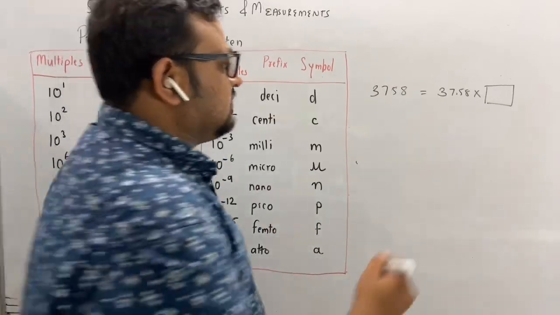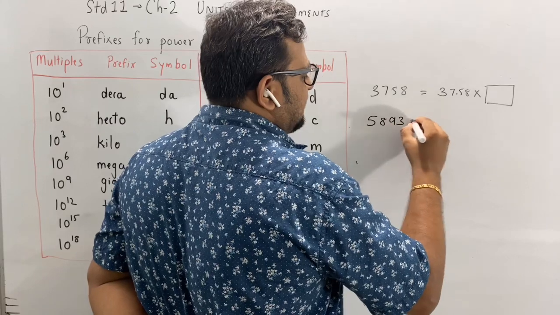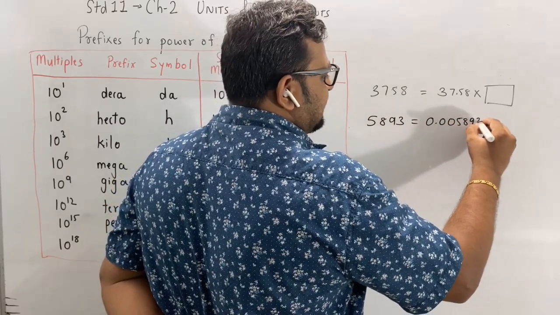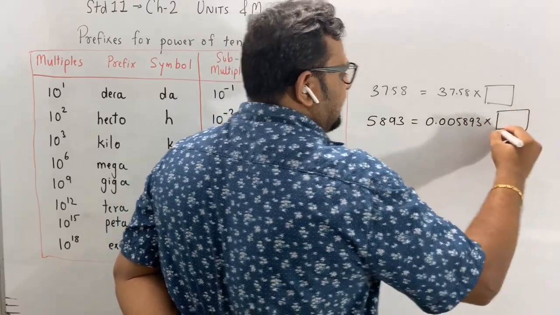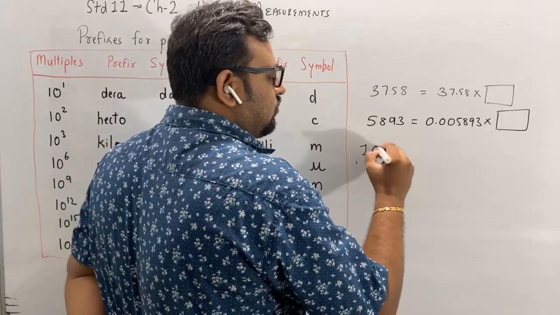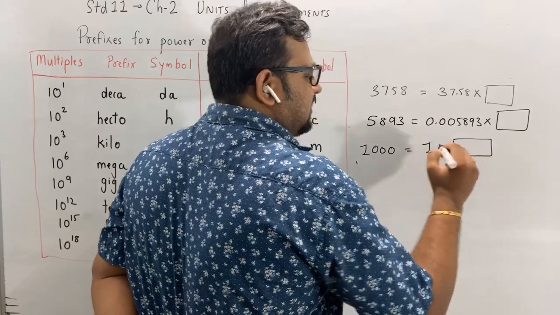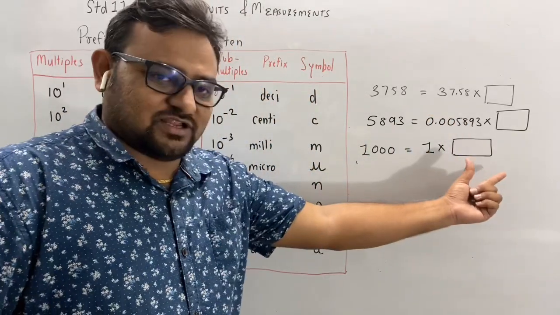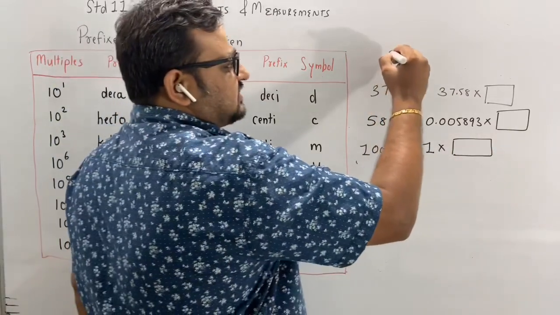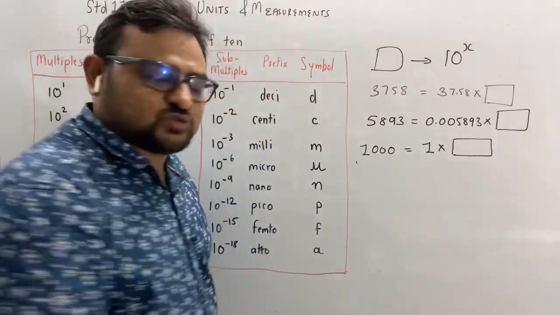Second, 5893 is equal to 0.00593 into blank. 1000 equals 1 into 10 raised to what? Don't write 1 into 1000. You write 10 raised to what? In all the boxes, you have to fill in 10 raised to x, this way.